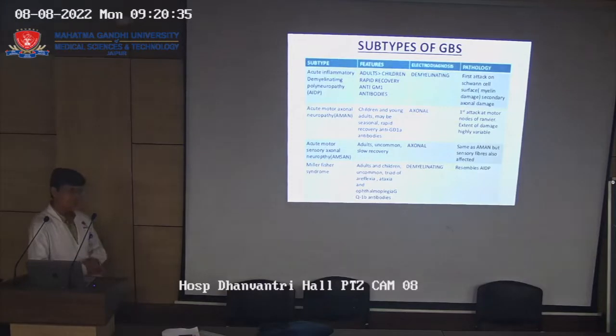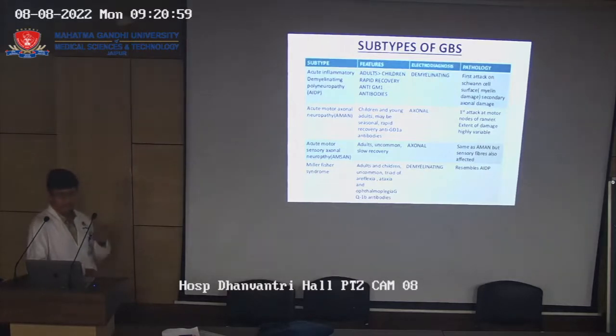Now there are certain variants of GBS. First is acute motor axonal neuropathy. In acute motor axonal neuropathy, there is only motor involvement and a predominance of the axonal part. It is seen in children as well as young adults. It may be seasonal. There will be rapid recovery, and here the antibodies are anti-GD1a.